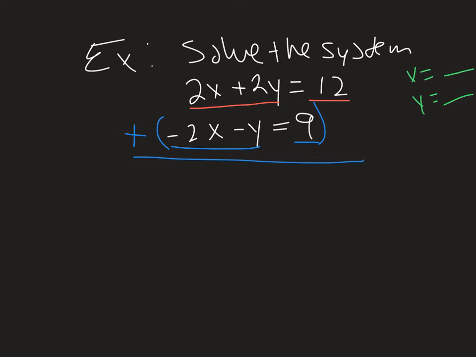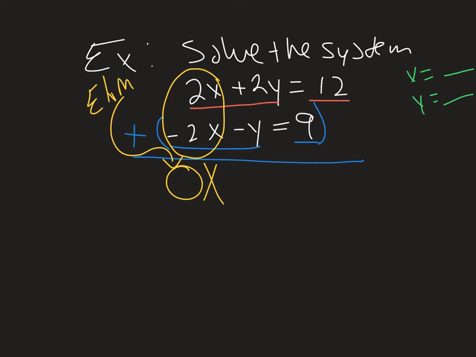Now this is beneficial because if I look right here, 2x plus a negative 2x, which would be the same as 2x minus 2x, it's going to be 0x. And this is why they call it elimination. You're eliminating a variable, in this case an x. And now I'm going to carry through with the rest.